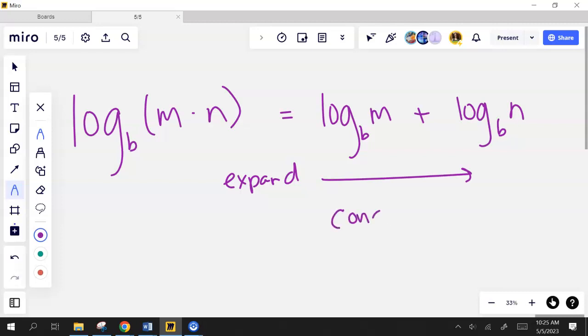That is called condensing. So if I start over here and move this way, that is called condensing. So you've got two little examples there.